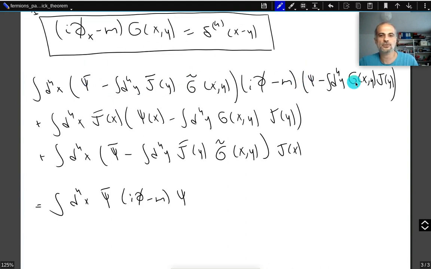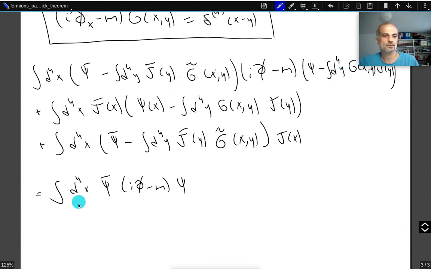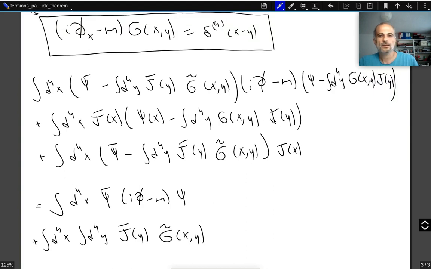Then we have these two terms: ∫d⁴x, well, there are two minus signs, one minus here, another minus over here, that makes plus, ∫d⁴y j̄(y) g̃(x,y). Well, I'm taking this one, but keep in mind that this (i∂̸ − m) acting on this one gives me a Dirac delta, and that Dirac delta, when I integrate this integral, just gives me j(x).